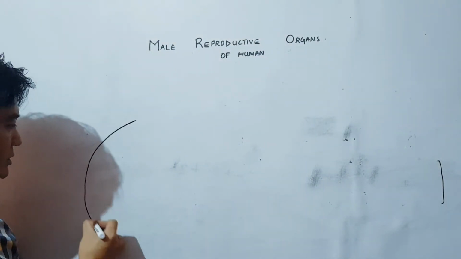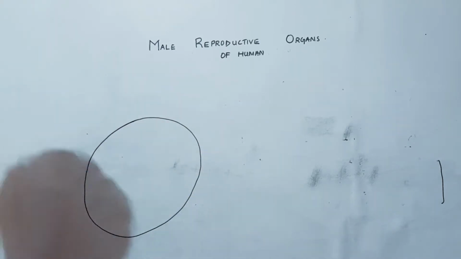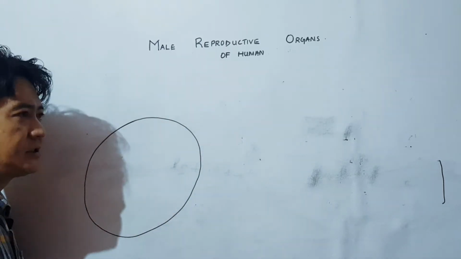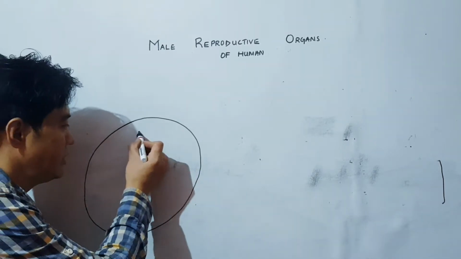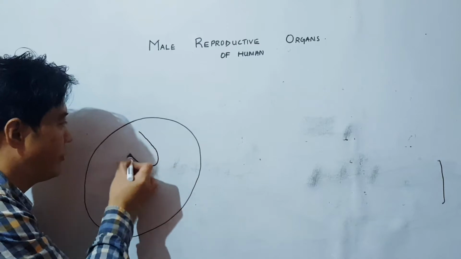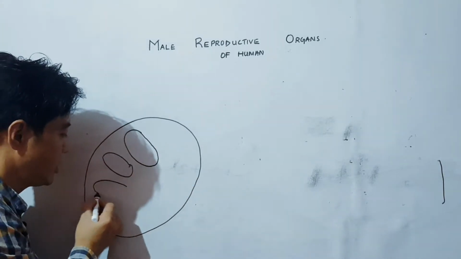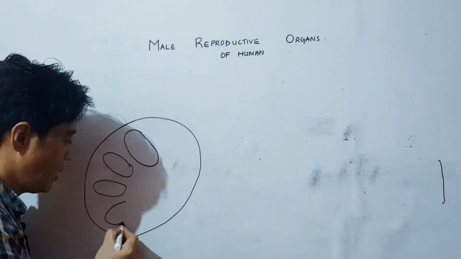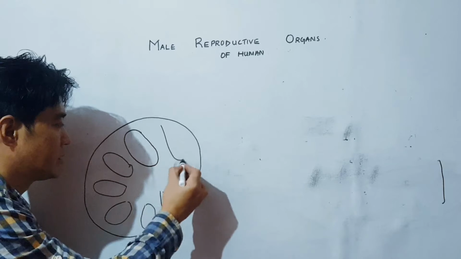Say this is your testis. If you see a section of the testis in the microscope, you'll see a lot of compartments, around 250 compartments.